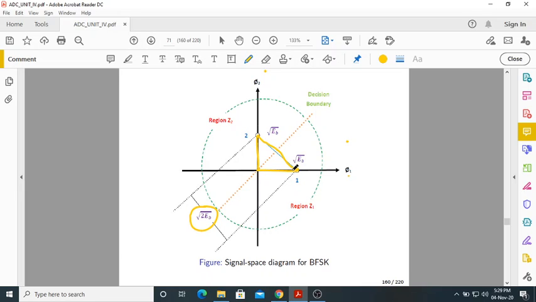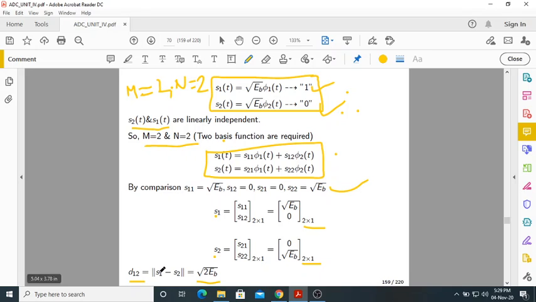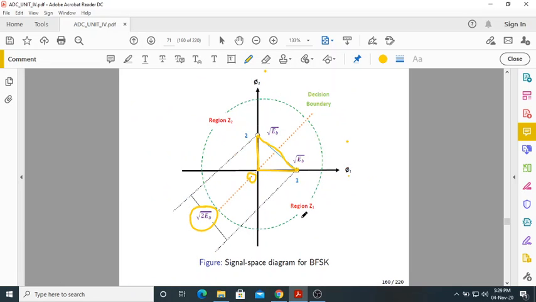It forms a right angle triangle. So this is root Eb, this is root Eb. What will this be? Square root of 2 Eb. So the distance between these signal vectors, that is D12, the norm of S1 minus S2, equals root of 2 Eb.